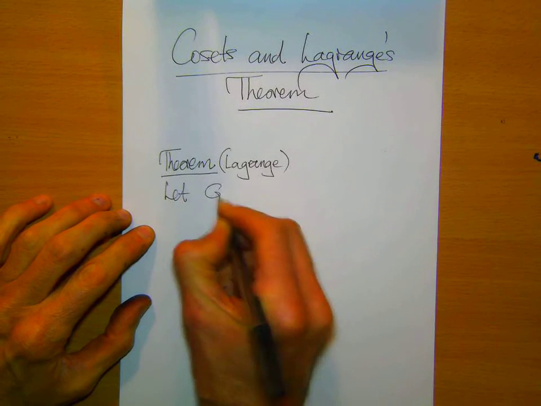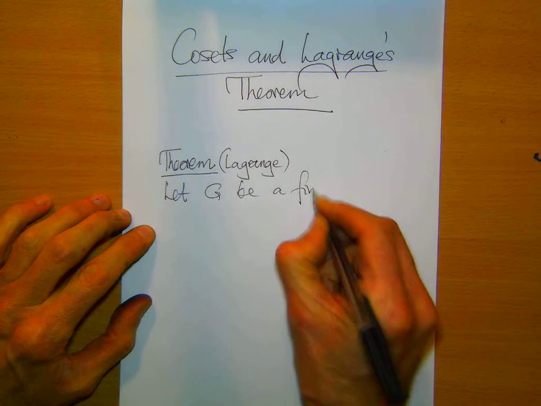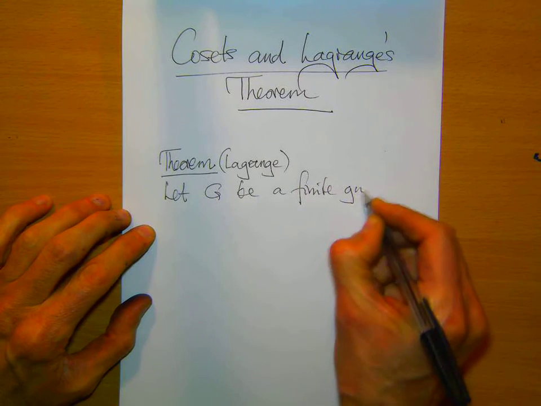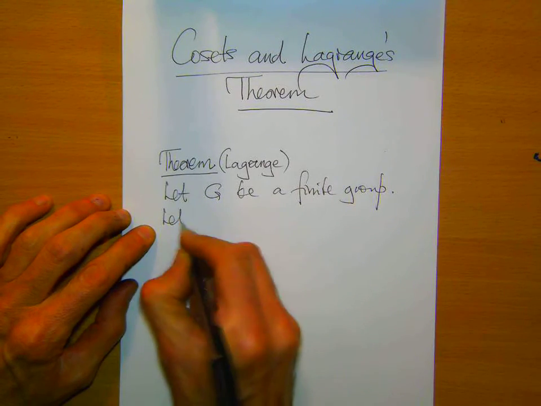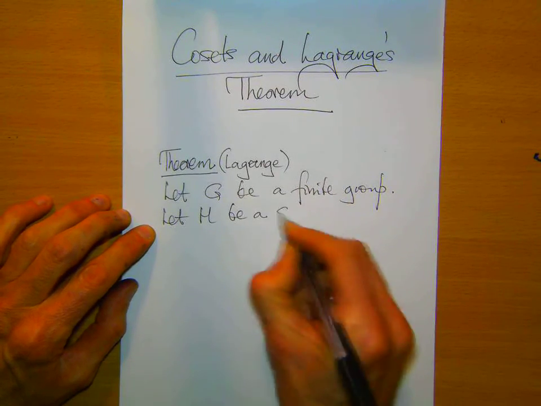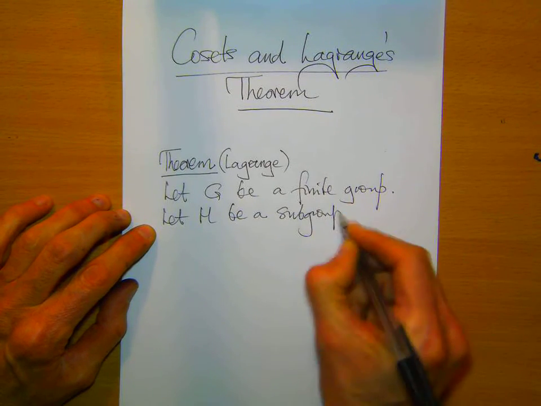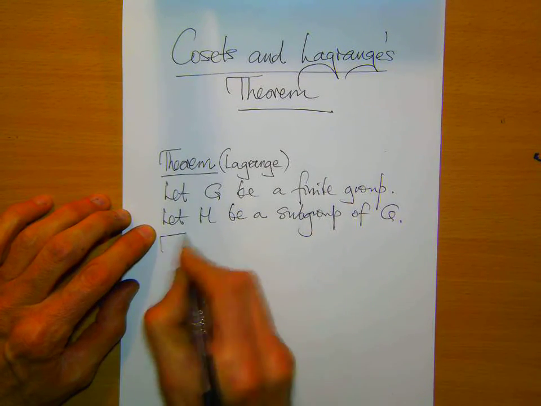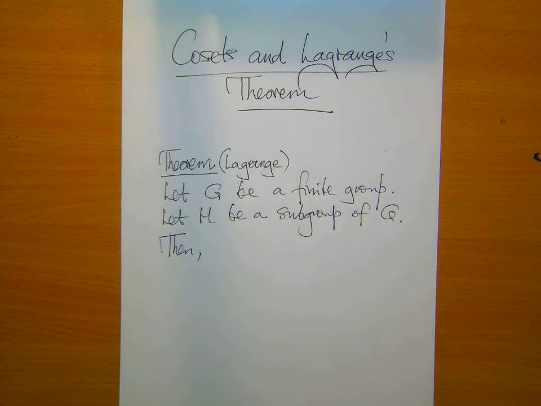So what the theorem says is, it's about finite groups, and let H be a subgroup of G, then what? Well, what Lagrange's theorem tells you is something about the order of H in relation to the order of G. Now, when we did cyclic groups, we had a very nice situation, if you can cast your mind back 3 or 4 weeks, which already seems a long time ago.